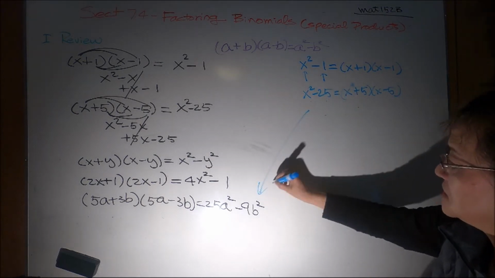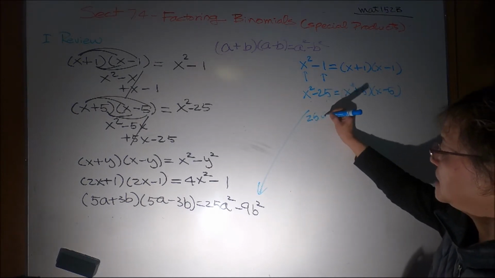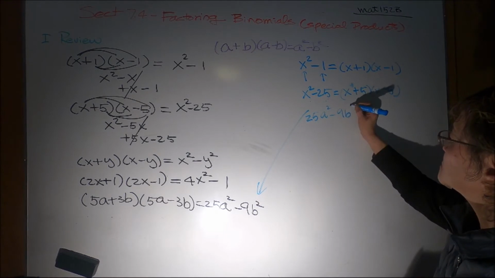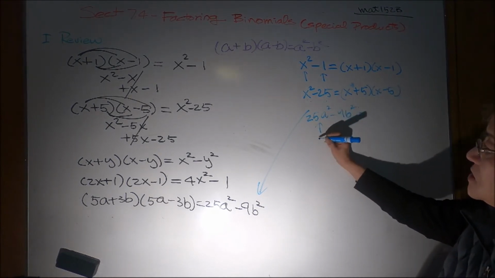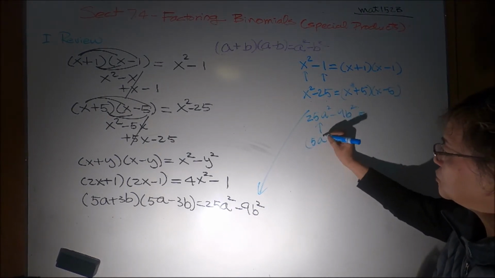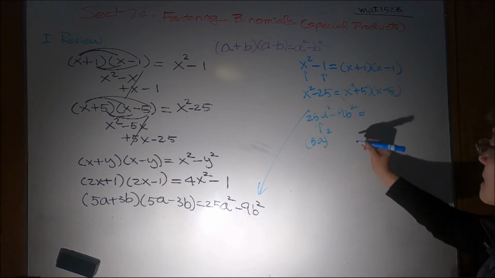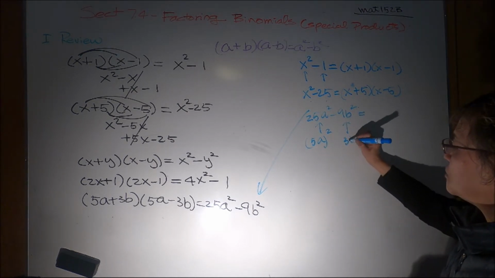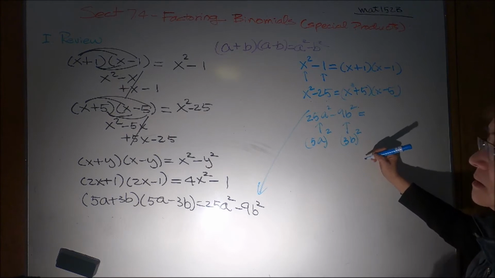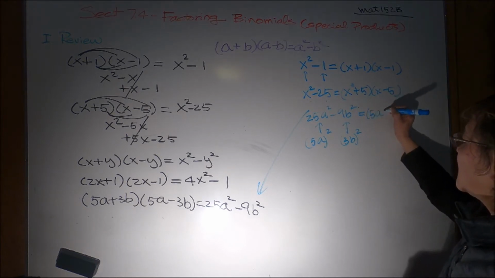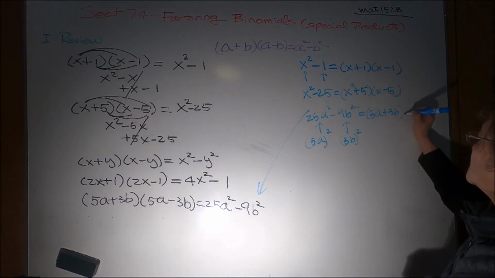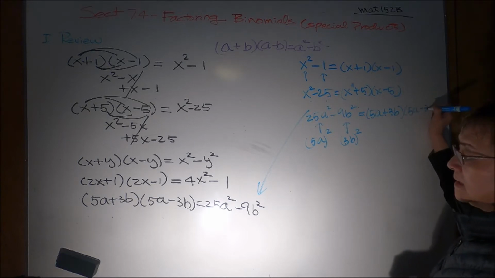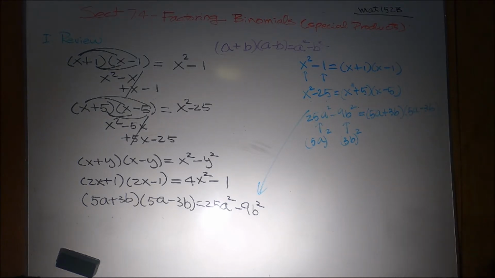For this one, if you have 25a squared minus 9b squared, 25a squared is what? A perfect square, 5a squared. Then 9b squared is what? 3b squared. Then you should have 5a plus 3b, 5a minus 3b. Is that right?